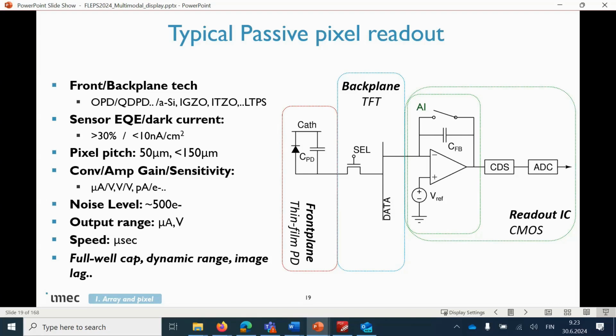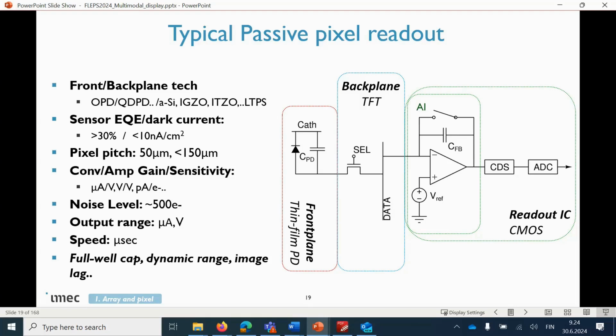We start from 150 micrometers for X-rays, and we go down at least to 50 micrometers, which is the FPI standard, or lower. Then very importantly is also the conversion gain, especially for the X-ray, as I already said. And then there are different metrics, different units that are used depending on the scheme that is used, because as we will see next, besides the passive pixel, there are also other implementations that people use and propose.